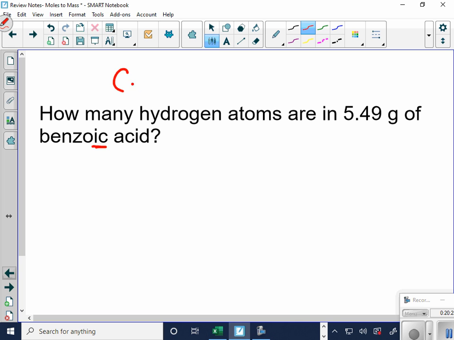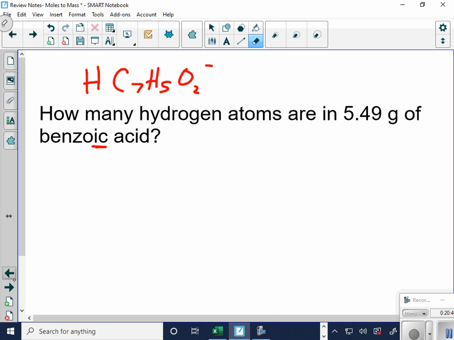Benzoate is C7H5O2, a minus 1. So that tells me, with that minus 1, that I'm going to need 1 hydrogen. So there is benzoic acid, C7H5O2.